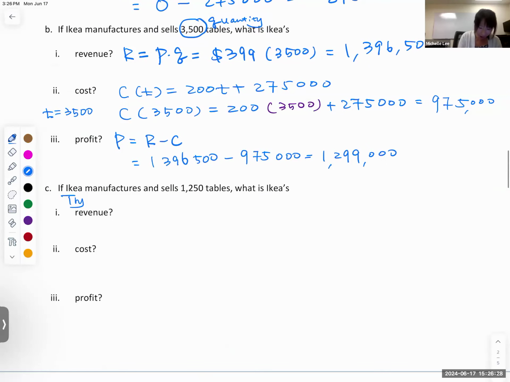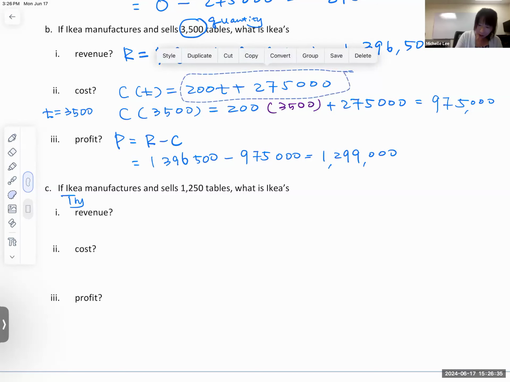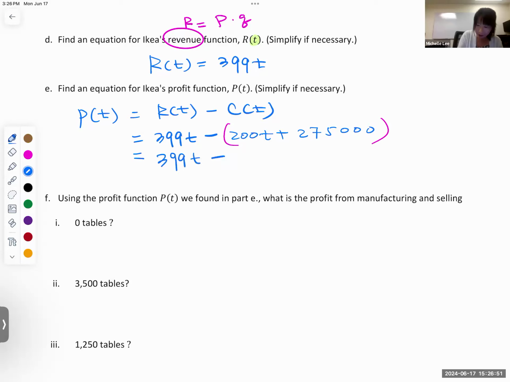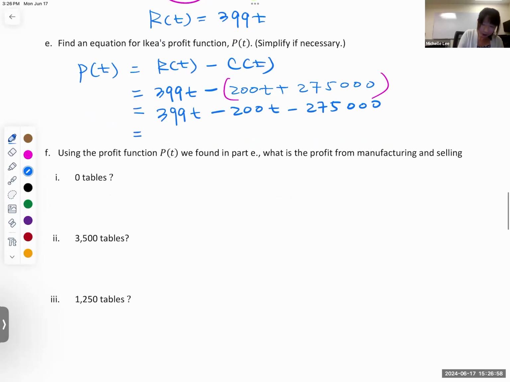Cost function, right? Okay, but then we have to be careful because there are two terms. Then let's take out the parentheses. So we have 399T minus 200T minus 275,000. Okay, then that will be 199T plus, minus, right?